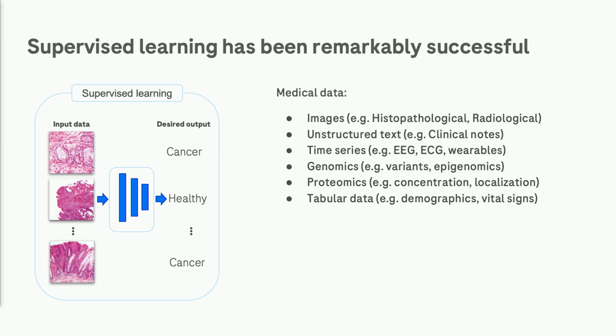And of course here, I just gave an example with some images as input, and these are histopathological images. And then in the output we have, for example, a binary flag, cancer or healthy. But this could be almost anything, actually, and we have a very wide variety of data that we're currently dealing with.